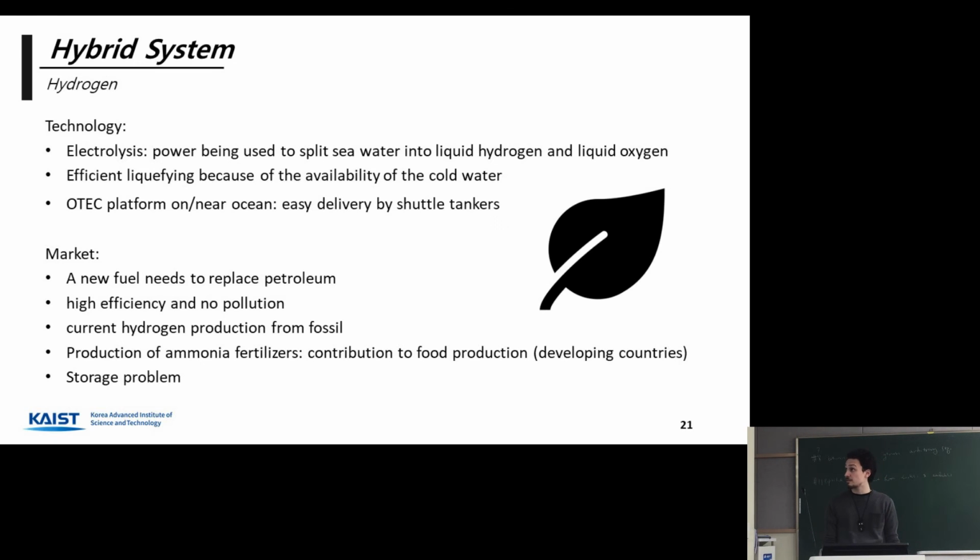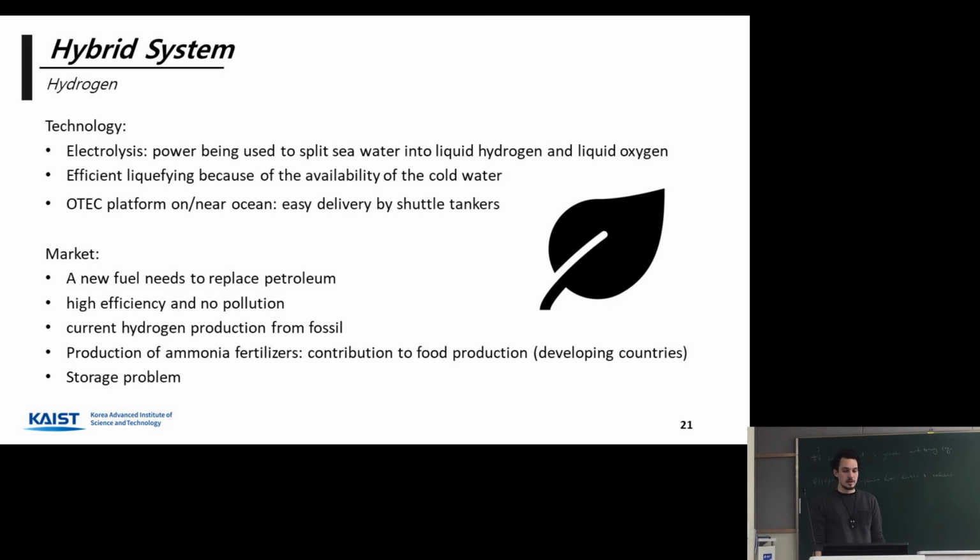Is there a market for hydrogen? Yes, again, we need to find a new fuel to replace petroleum, and hydrogen is really efficient and does not pollute. And also currently hydrogen production is from fossil resources.